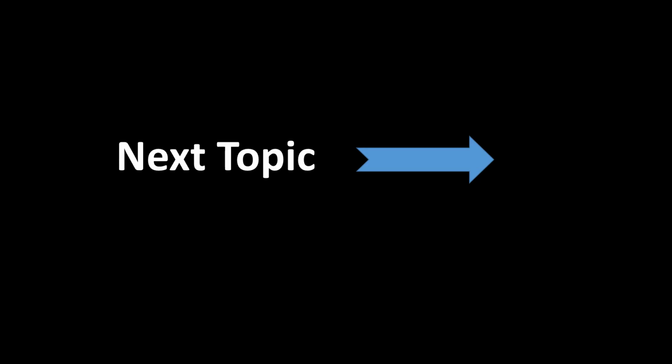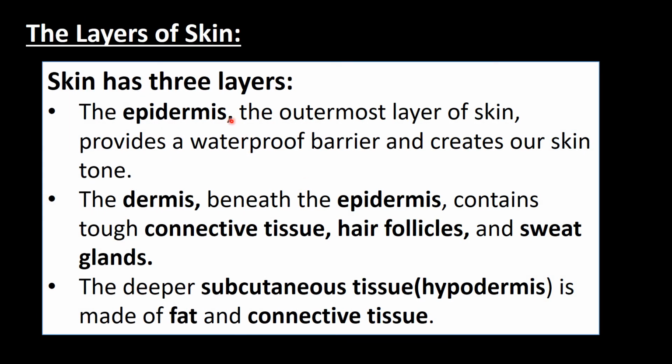Now let's move towards the next topic. The composition of the skin means the layers of the skin. The skin has 3 layers. In our book, 2 layers are mentioned, but you must know about the 3rd layer also. The 3 layers of the skin are epidermis, dermis, and hypodermis.